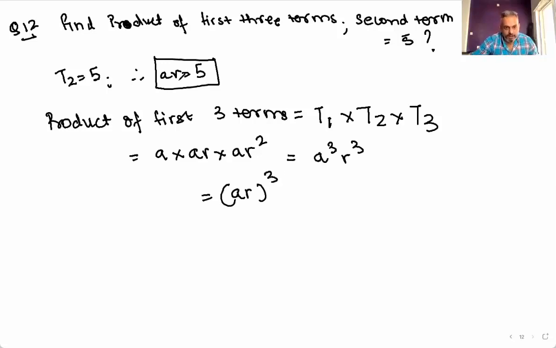Now what is AR? AR is 5, which is equal to 5 raised to 3, which is equal to 125. Answer. So this is how you have to do this sum.